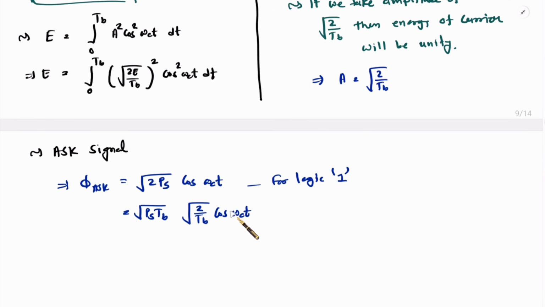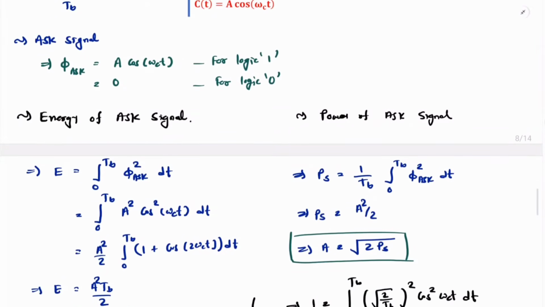This will be having unit energy, right? So what will be the amplitude of logic 1? Amplitude of logic 1 is square root of PSTB, right? And you can say this is carrier ct. But obviously amplitude of logic 0 is 0, so we don't need to calculate that, right?